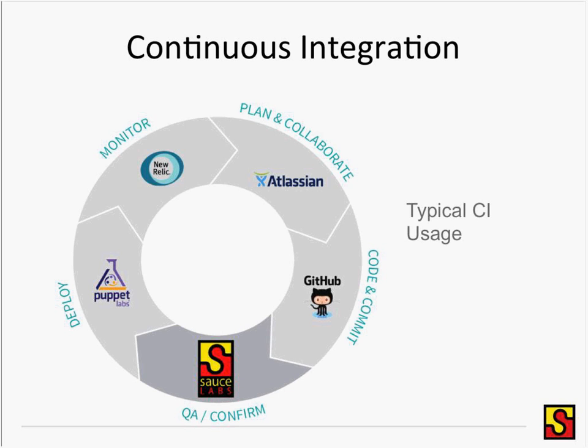And Sauce Labs fits right within that functional testing piece to optimize your application across multiple browser and OS combinations, including mobile platforms, thereby achieving effective cross-browser coverage for your application.